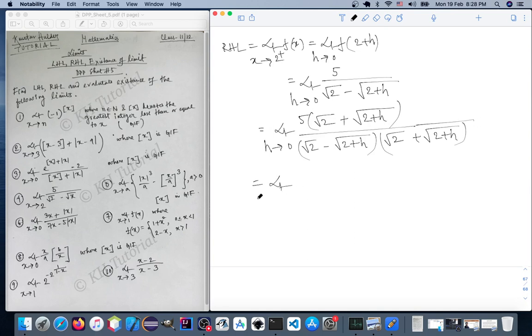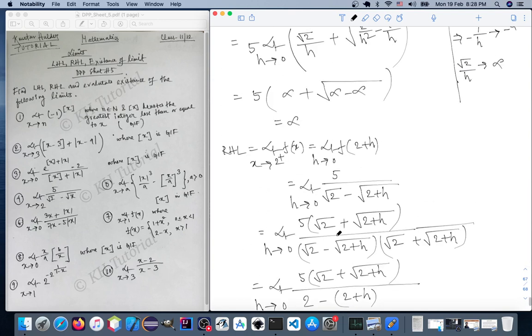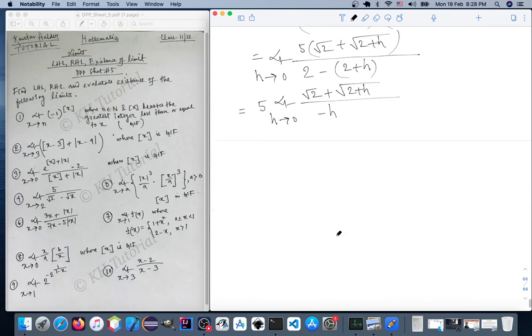This becomes limit h tends to 0 of 5 root 2 plus root 2 plus h divided by 2 minus 2 plus h. This equals, take the 5 out, root 2 plus root 2 plus h, minus h. We get minus h.